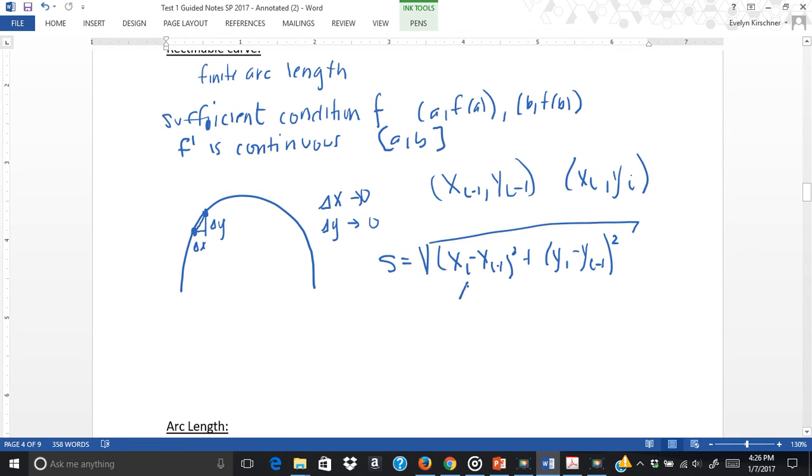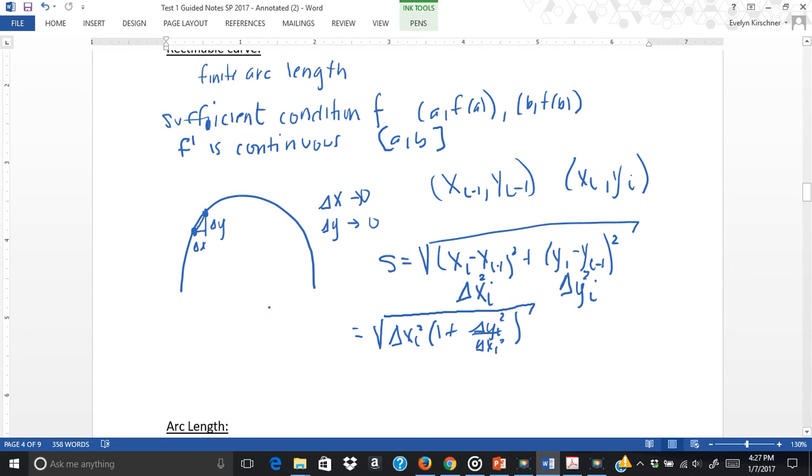This is just delta x at that point, and this is just delta y at that point. It's squared because inside there is squared. So I can say that s really equals, pulling out a delta x_i squared, a 1 here, and here delta y_i squared over delta x_i squared.